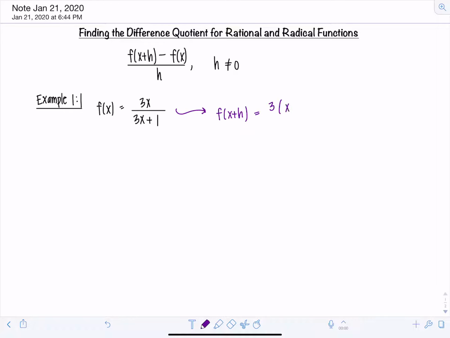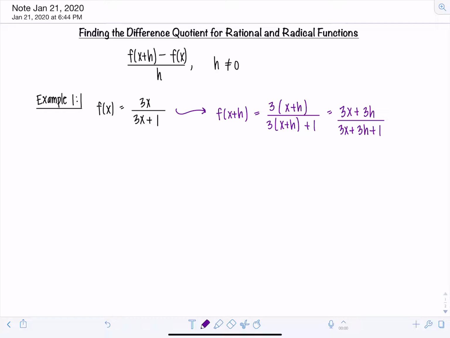Now substituting x plus h everywhere I see x, I'm going to have the quantity x plus h in the numerator over 3 times x plus h plus 1 in the denominator. So this is going to give me 3x plus 3h over 3x plus 3h plus 1.